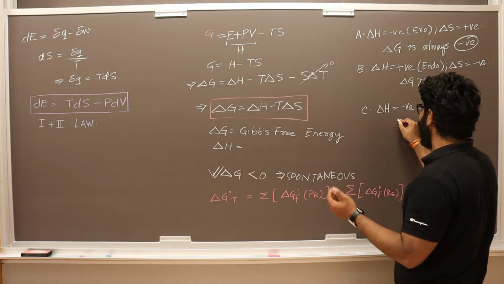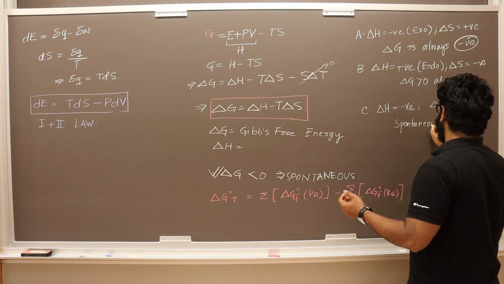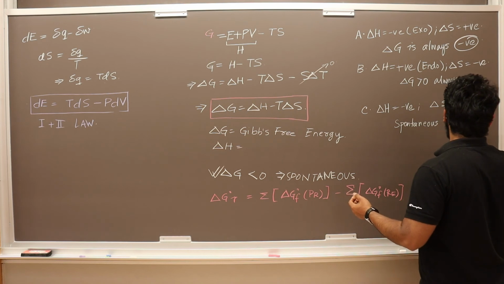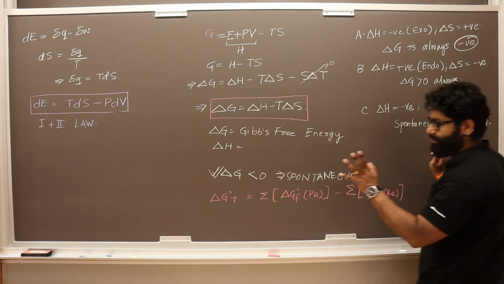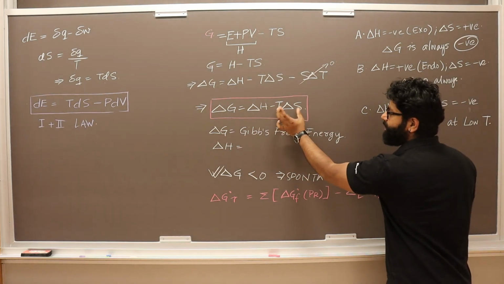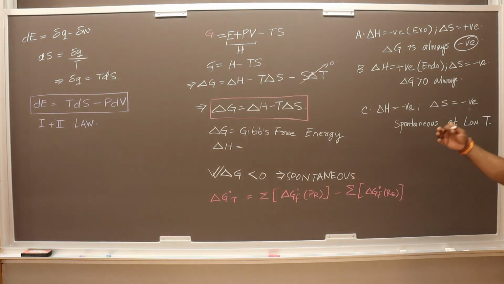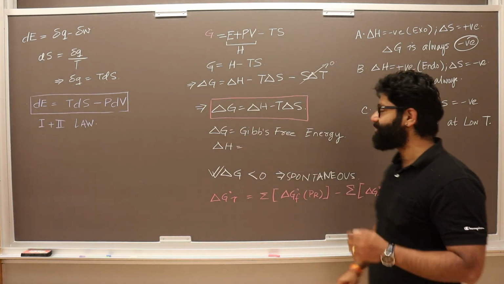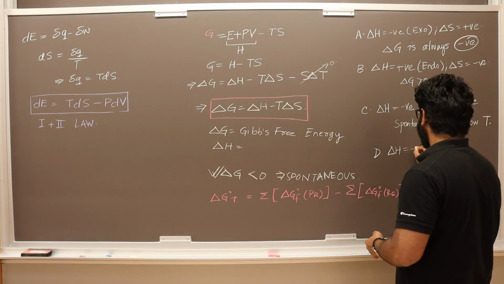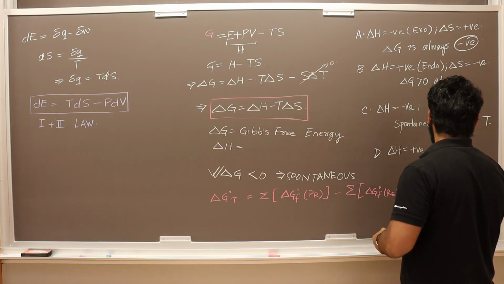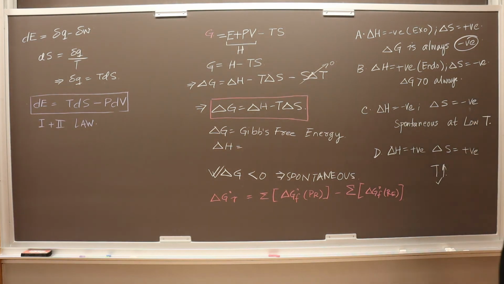That means this kind of reaction will be spontaneous at low temperatures only, because at low temperatures this term will be less than the value of this term, and delta H being negative will overpower and still give delta G a negative sign. And just the opposite of this, if you have a delta H of positive and a delta S of positive, then this reaction will be spontaneous at higher temperatures.